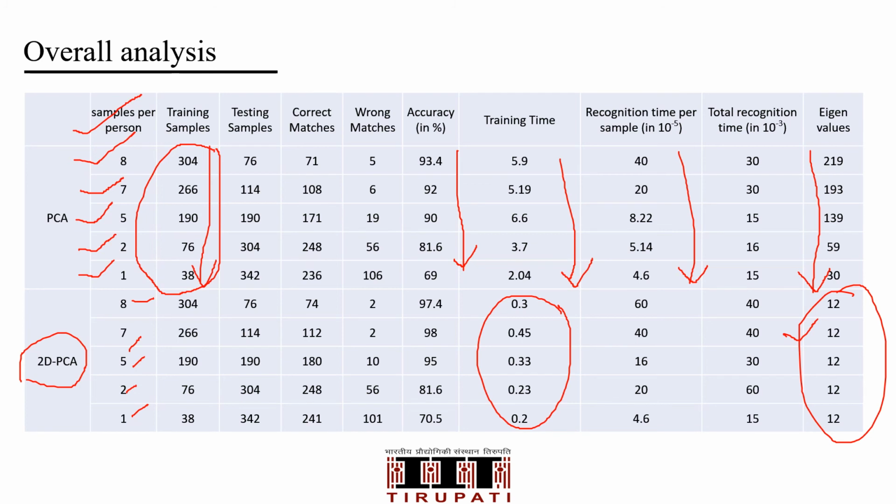From my analysis, I have found that in 2D PCA, we are computing the images all at a time by considering all the images as a book or a stack of pages. In a book, all the pages will look alike in terms of dimension.